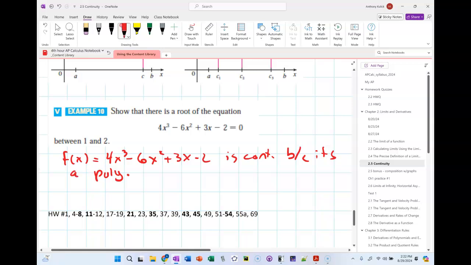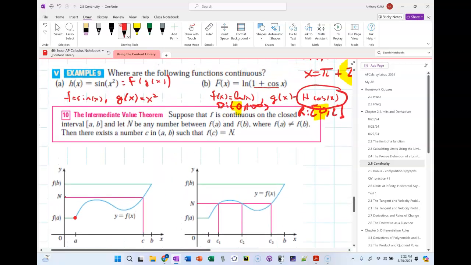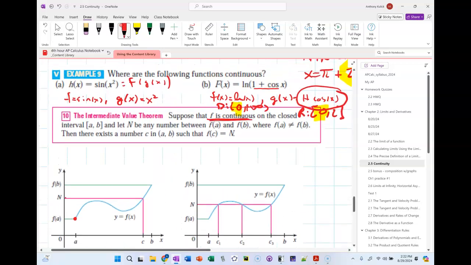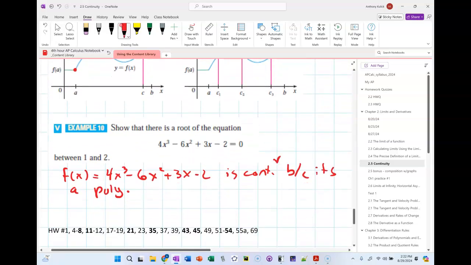Everybody okay? I need to state that because the condition for the intermediate value theorem requires continuity for the function. So I have to say that, and probably I should say everywhere. Let's be a little bit more specific. It's continuous everywhere. So far, so good.